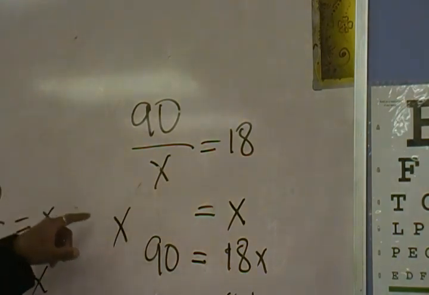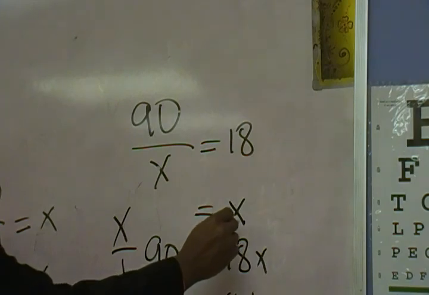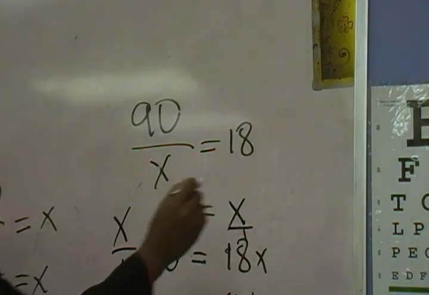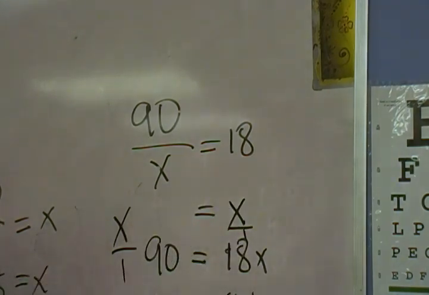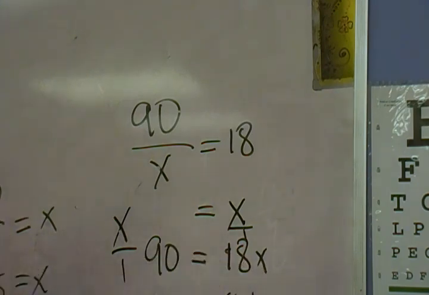By multiplying by x, or really x over 1, if that makes it easier to see, these two cancel out and get the 90 by itself, and then I put the 18 next to the x. Now we have to solve for x, so we get the 18 out by using the reciprocal.